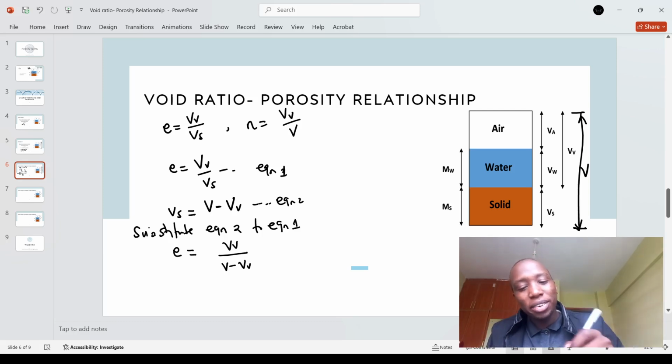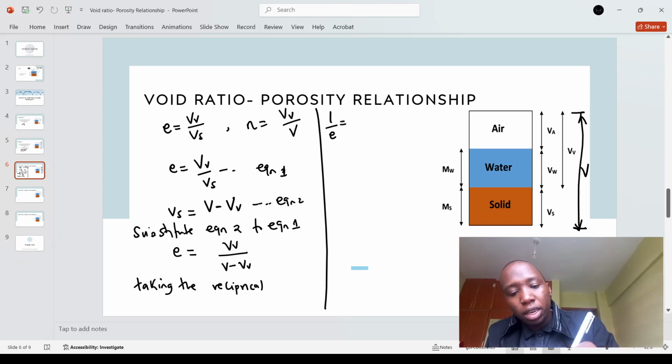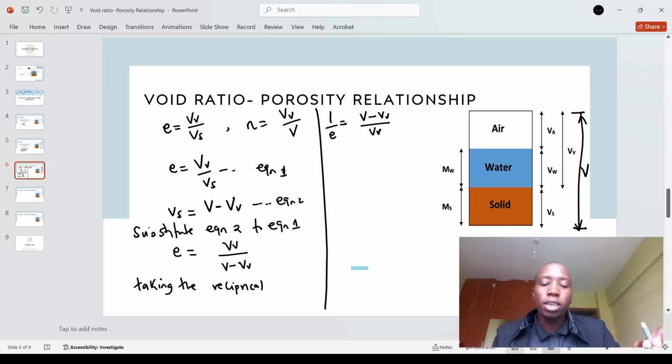Feel free to pause the video at any point. Taking the reciprocal so as to allow us to perform simple mathematics, we'll have 1 over e is equal to V less Vv divided by Vv. When they have the same denominator, we can separate the components.